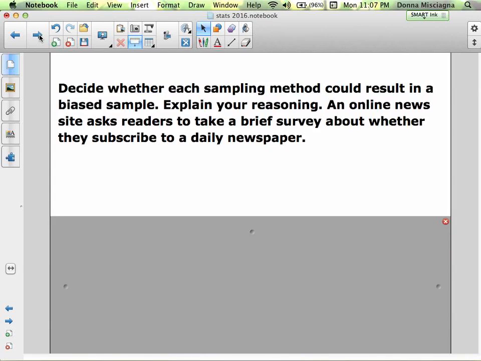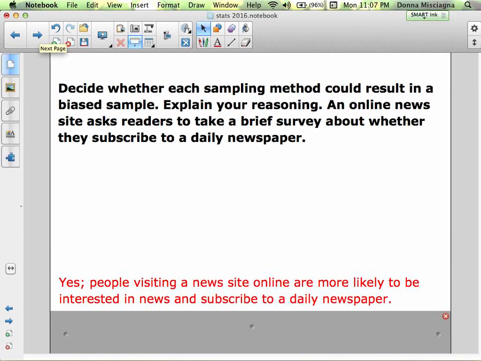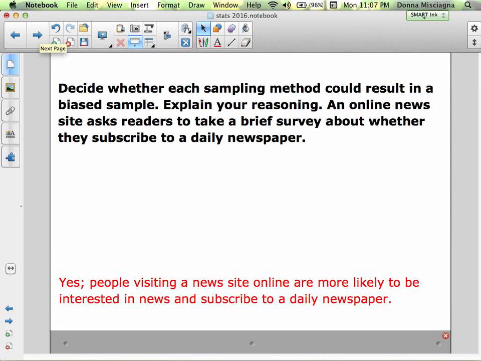How about the next one? Decide whether the sampling method could result in a biased sample. An online news site asks readers to take a brief survey about whether they subscribe to a daily newspaper. Biased or not biased? Survey says bias.